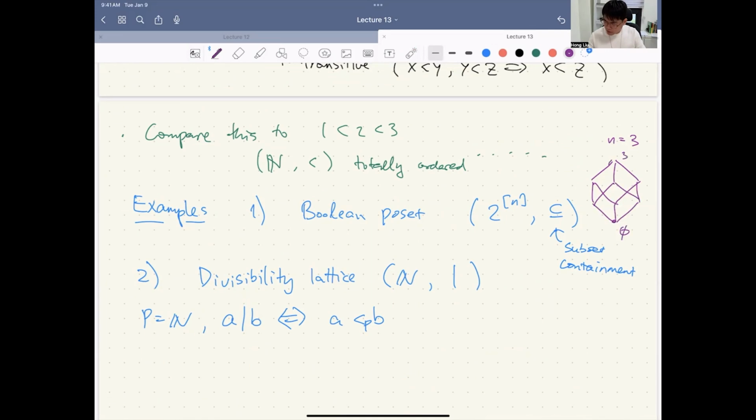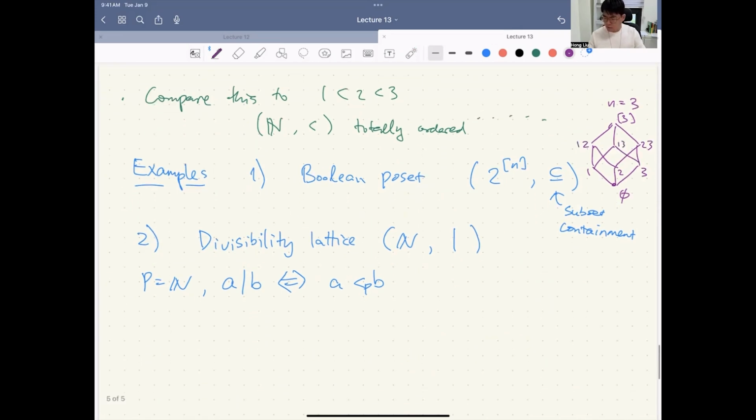You have the empty set, then 1, 2, 3, then 2,3, this is 1,3, this is 1,2. So this one and this one are not comparable. 1 is not a subset of 2,3, and not the other way around. There's nothing in between. And if this is a subset of that, and this is a subset of that, you have transitivity. The empty set is a subset of 1,2.